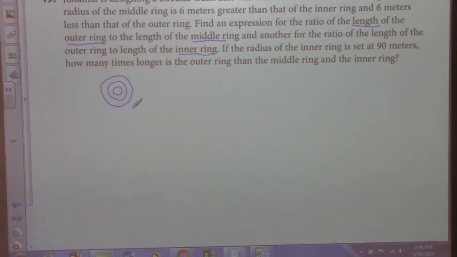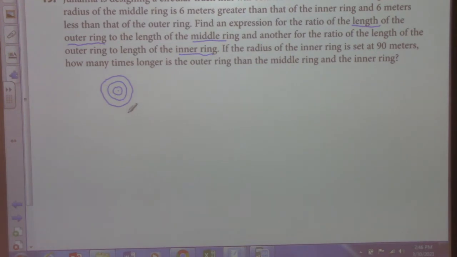Now if they really wanted to make this more complicated, they could have made it an oval track, like a real track, but that would have brought a lot of other detail into it. They're not trying to teach that. So, what will we do? What do we have to do to find the length of each one of these rings?